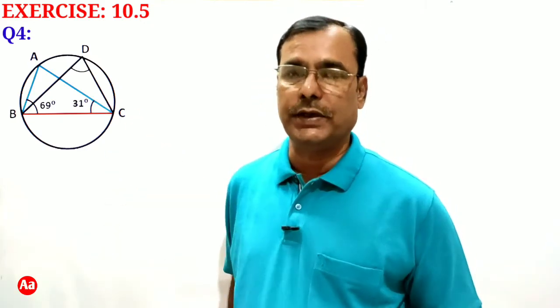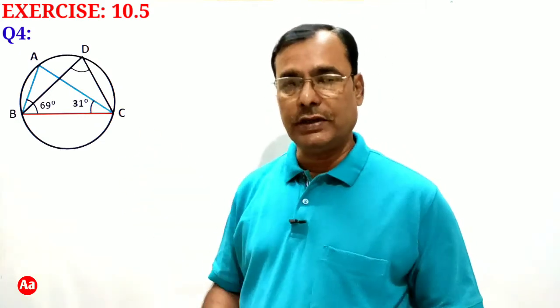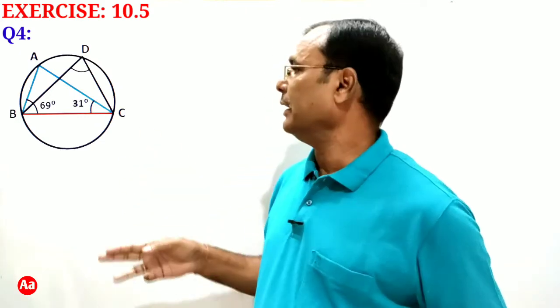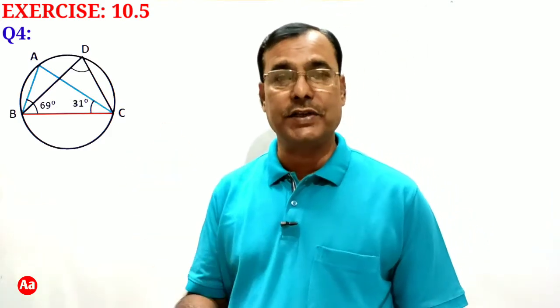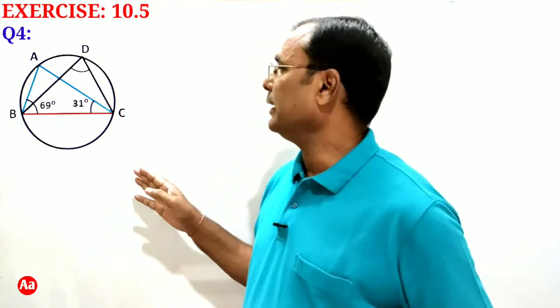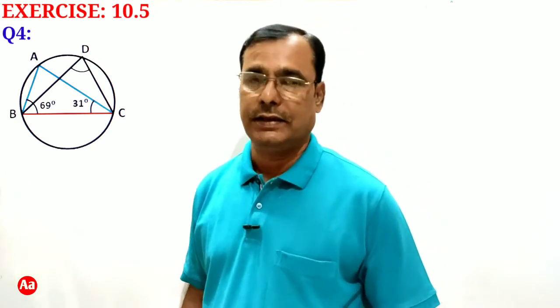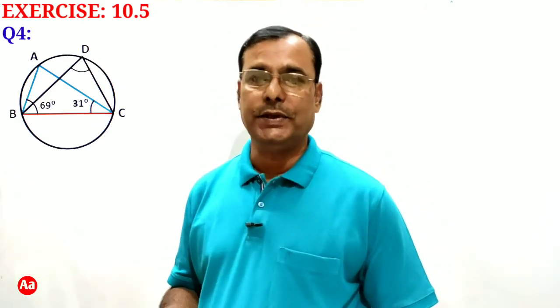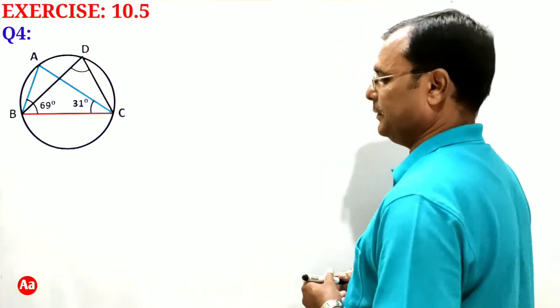Using angle sum property, first let us find angle BAC. As soon as we get angle BAC, since angle BAC and angle BDC are angles in the same segment, they will be equal, and therefore angle BDC will be equal to angle BAC, and by calculating angle BAC we will be easily able to find angle BDC.